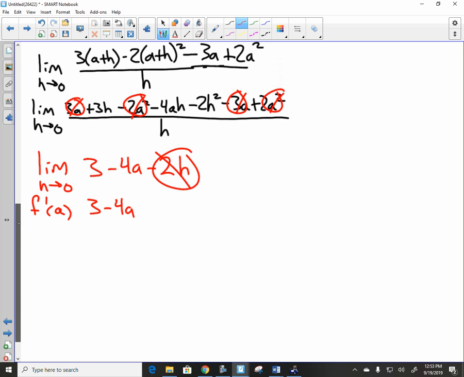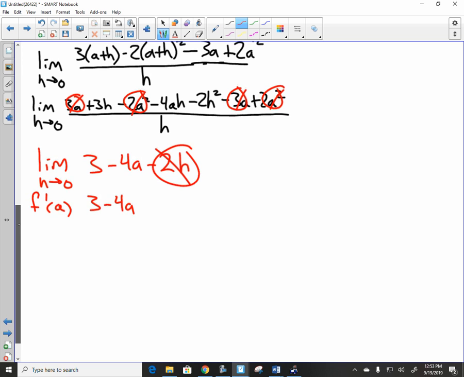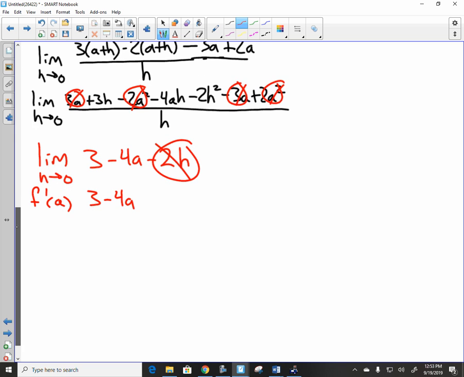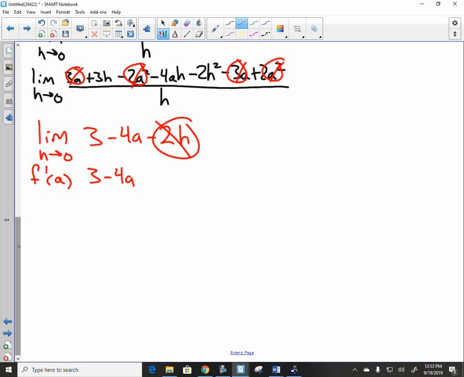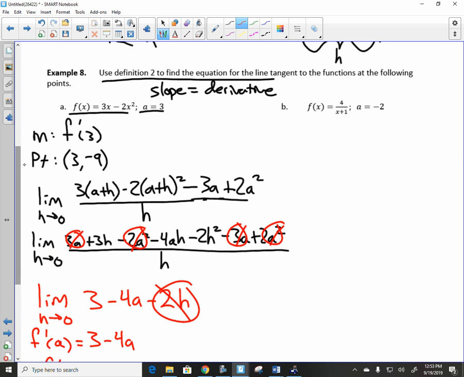But we want to know the derivative at what value? At what a value are we working with? So we plug 3 in and you get negative 9. So that's my slope. Write the equation for the line. y minus y1 is equal to m times x minus x1.